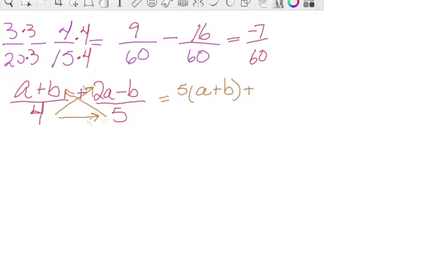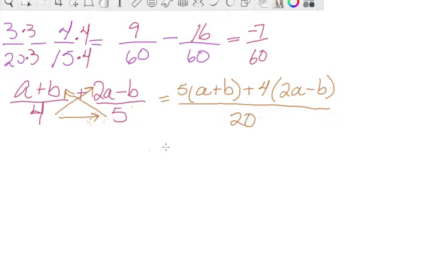Plus, I'm using plus because that's the sign here in the middle, okay? Plus 4 times 2a minus b. And this is going to be all over 4 times 5. What's 4 times 5? 20, good. Yeah, that's it.